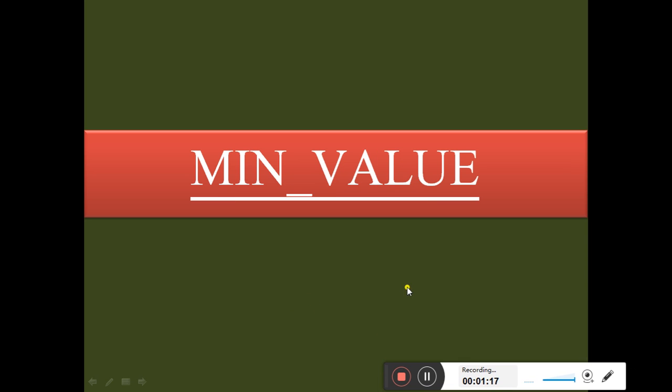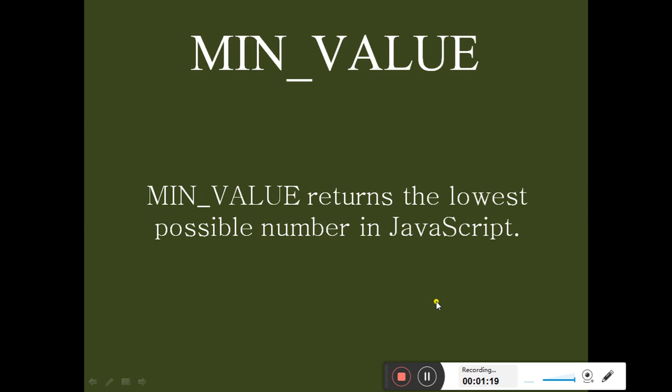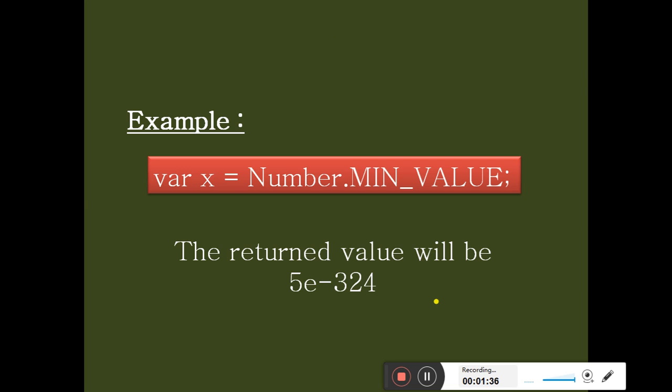First property is min value. Why are we using min value? This property will return the lowest possible number in JavaScript. See the example where x is equal to Number.MIN_VALUE.